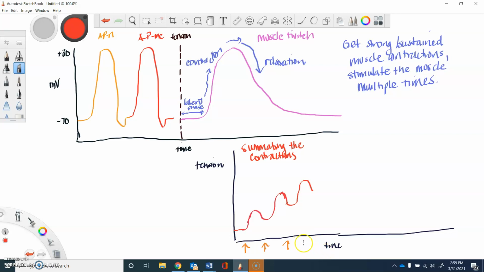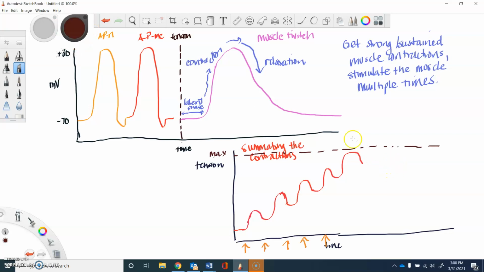So we can continue to do that and we'll get here. And will it go forever? No, there's no way it's going to go forever. You're only as strong as you are. So there is a max here. But we can still continue to stimulate that muscle over and over before it completely relaxes.